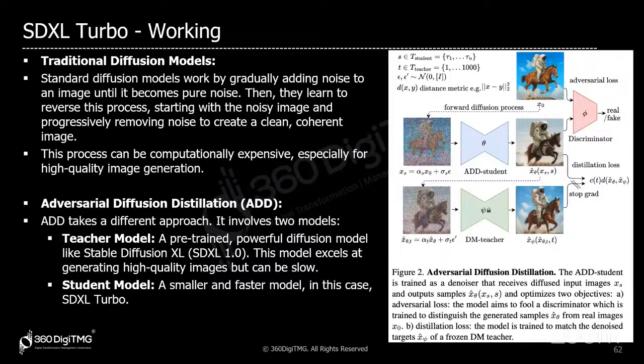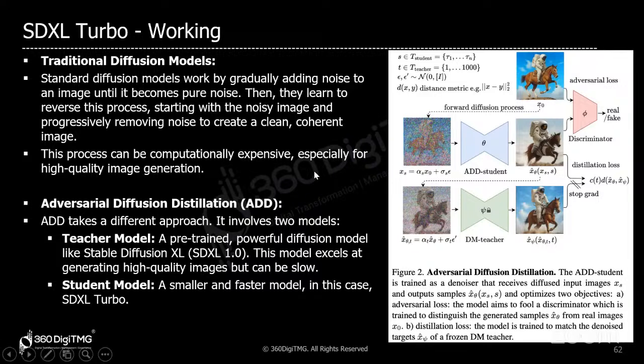So let's see the working of the SDXL Turbo model. In our traditional diffusion models, what occurs? Standard diffusion models work by gradually adding noise to an image until it becomes a pure noisy image.